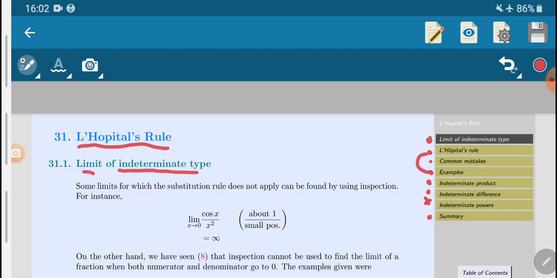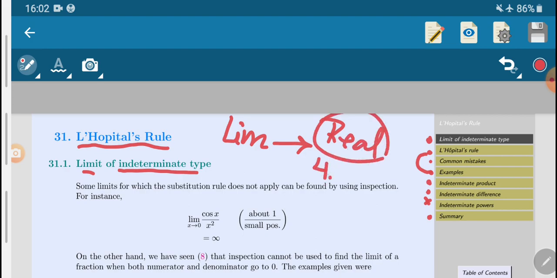Indeterminate type means the limit does not simply have a real value, like 4, 8, or 1 over infinity, which is 0, but an undefined form like 1 over 0, or infinity over infinity, or negative infinity over negative infinity.